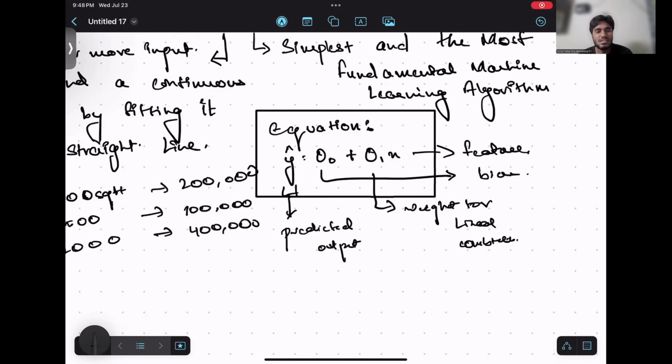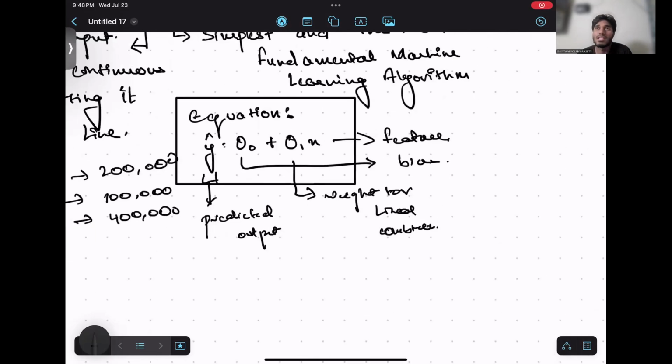Now, what is a bias? Bias, also called intercept in coordinate geometry terms, is a term which we use to approximate the actual output from a given equation.